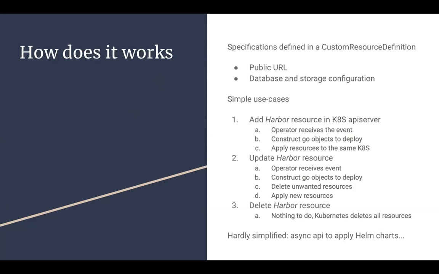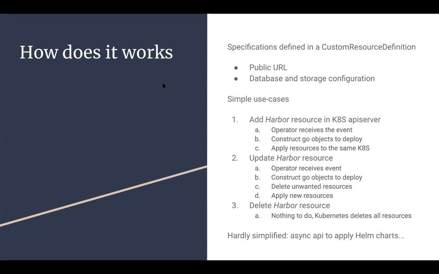Then the other simple use case is to update the Harbor resource, which simply changes the Go object in memory and applies it to Kubernetes. By the way, it also deletes unwanted resources. Imagine a specification with ChartMuseum, which is updated to remove ChartMuseum. The operator takes care of this case and simply deletes the pod where ChartMuseum is running.